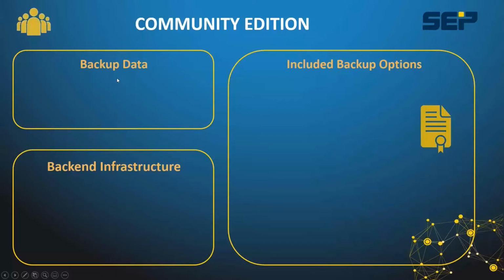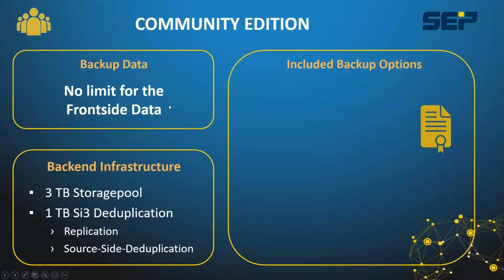And I would like to give you a little bit of an insight into the power of the community edition for free. First of all, there's no limit for the front-side data. You can back up as much data as you would like to. The only limit is from the backend structure, because it includes 3 terabyte of storage pool, so native disk space, and also 1 terabyte of deduplication storage.